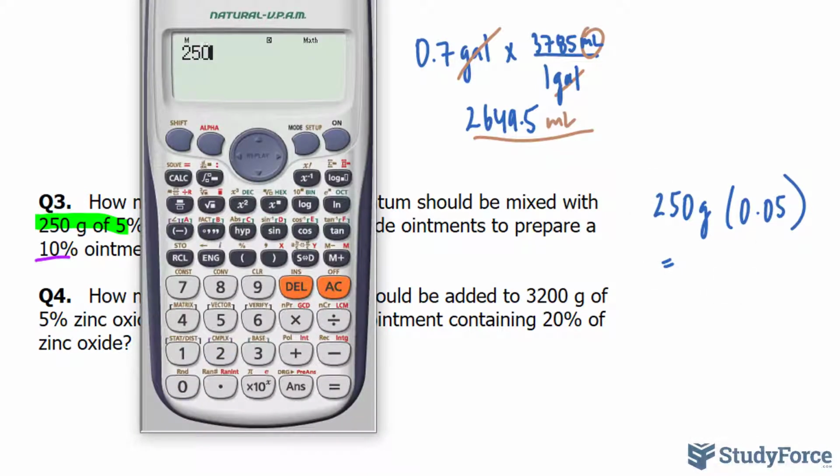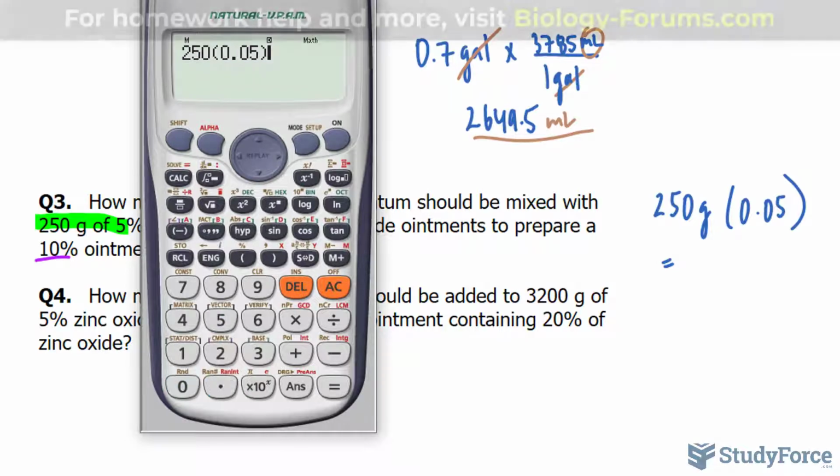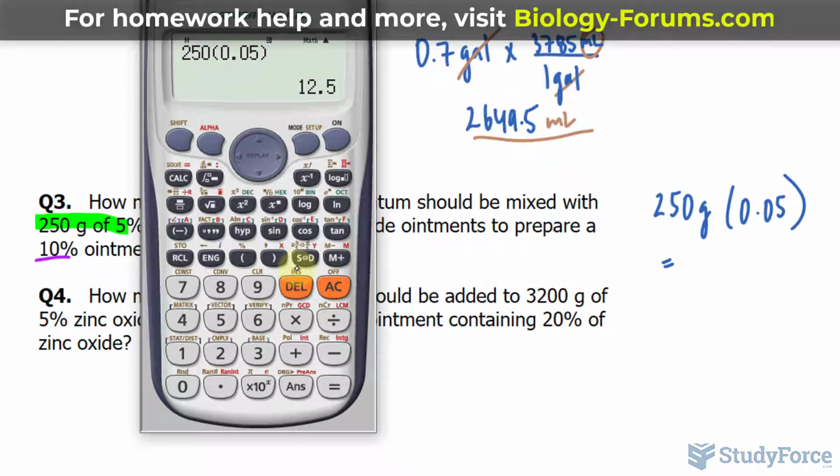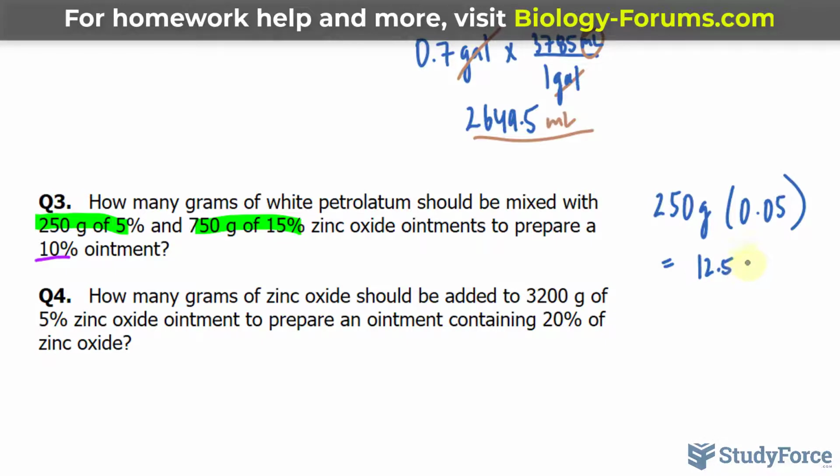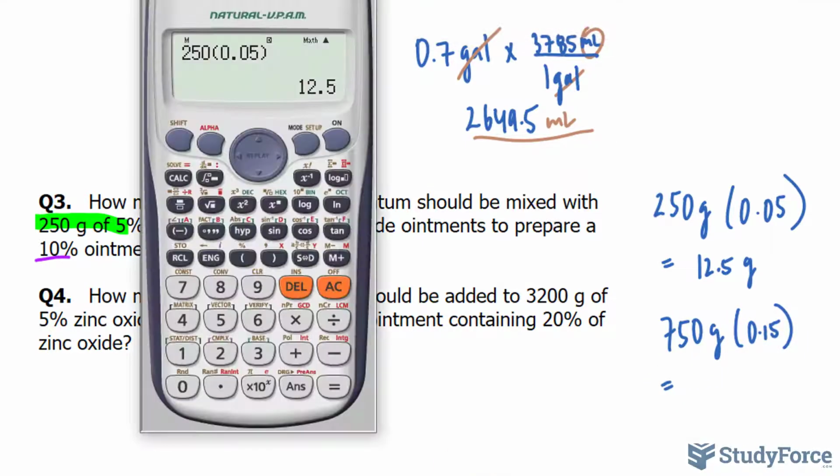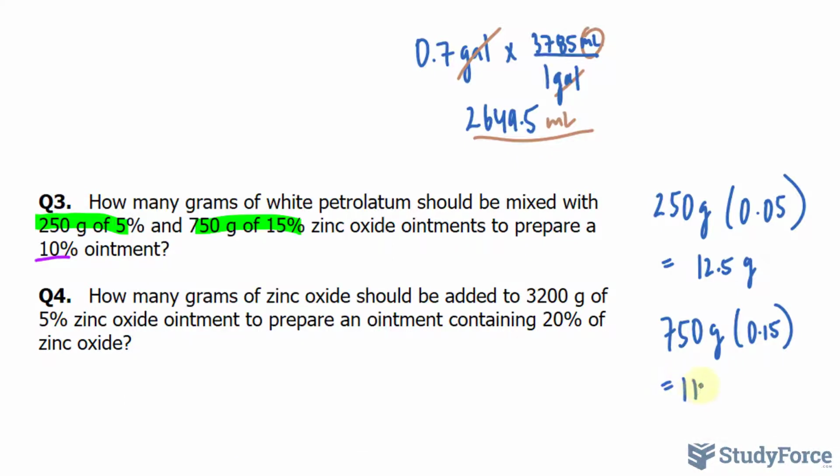So I'll take 250, multiply it by 0.05, and this gives me 12.5 grams of zinc oxide found within this. Now you'll see why I'm doing this in a moment. So let me just go ahead and figure it out for the other one as well. 750 times 0.15. Let's find out how much active ingredient we get from this one alone. And it is 112.5 grams.